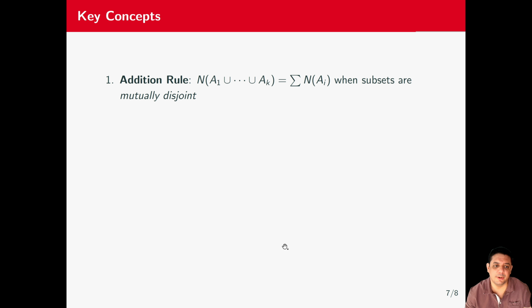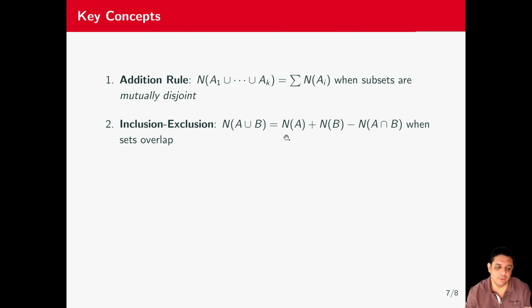All right, so in summary, we learned about the addition rule, which is that the counting of the union of disjoint sets is just the sum of the number of elements in each of the disjoint sets. We learned inclusion-exclusion, which is that when we don't have disjoint sets, we have to subtract the intersections.